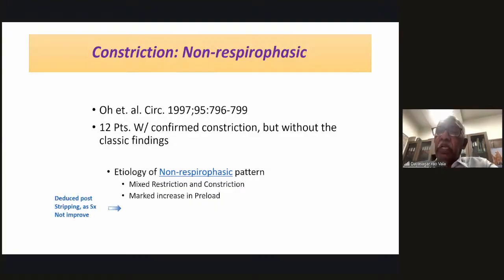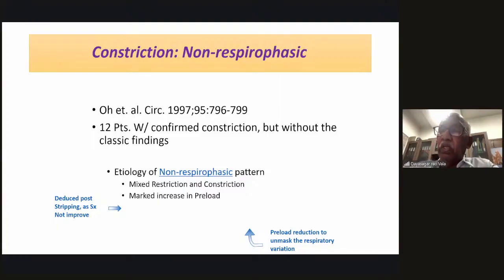But there are some percentage of patients, even with surgically confirmed cases of constrictive pericarditis, that have no change with respiration. Dr. Oh from Mayo Clinic has published the data in 1997: 12 patients out of 200 with confirmed constriction at surgery, but without any classic findings, that is, without any respiratory changes across the mitral and tricuspid valve.